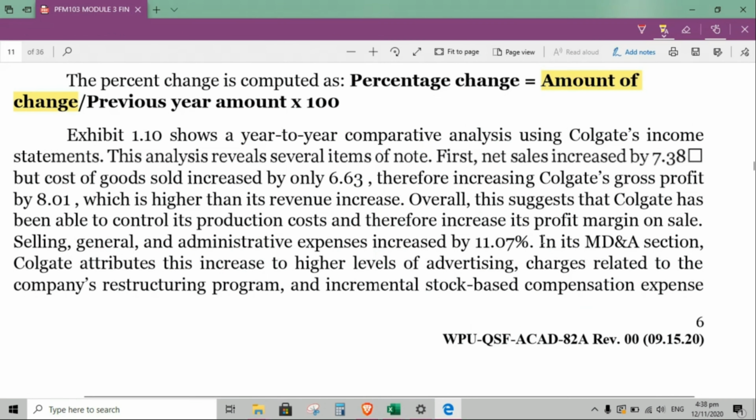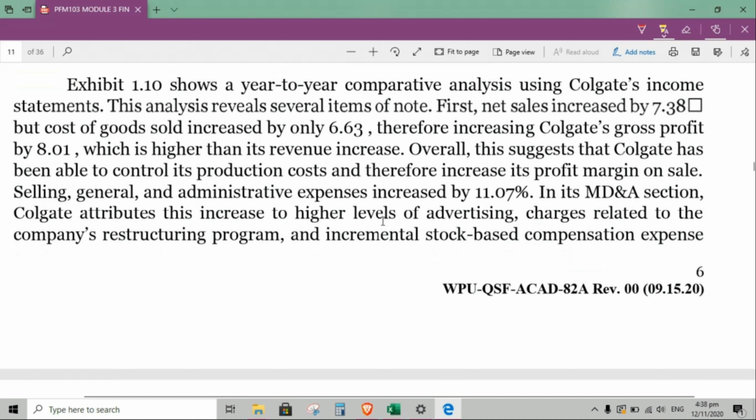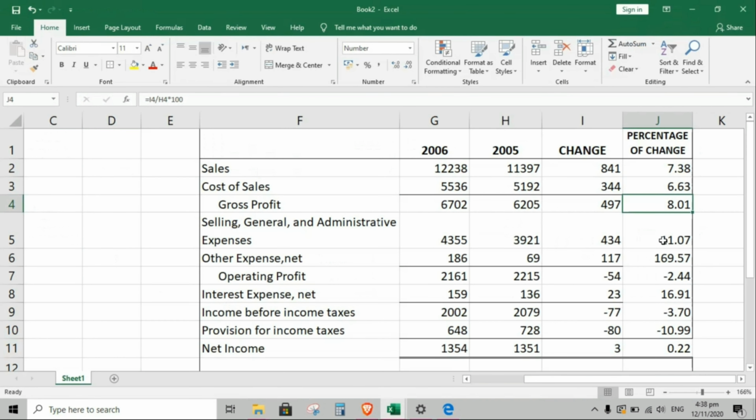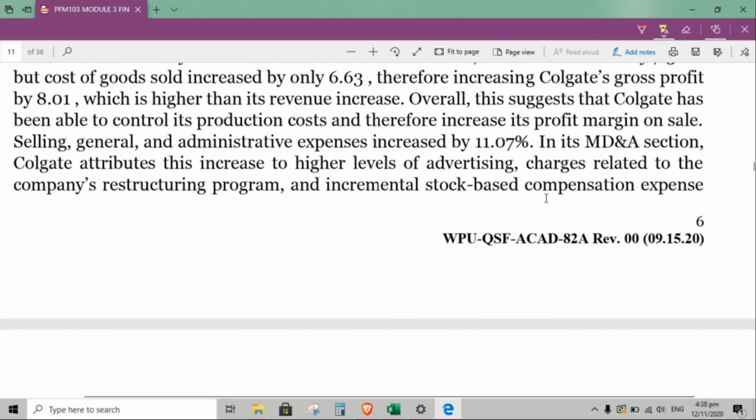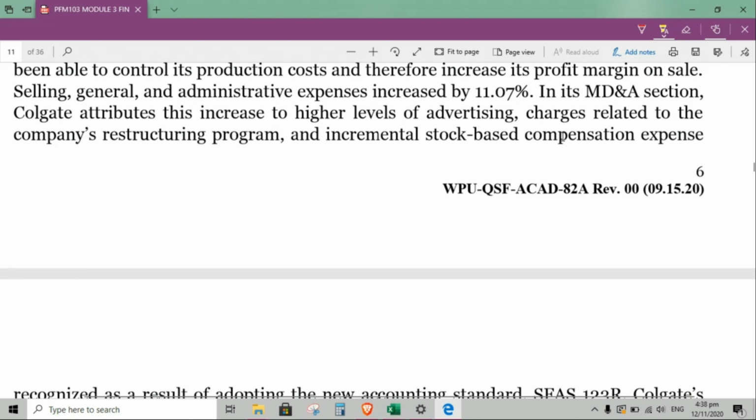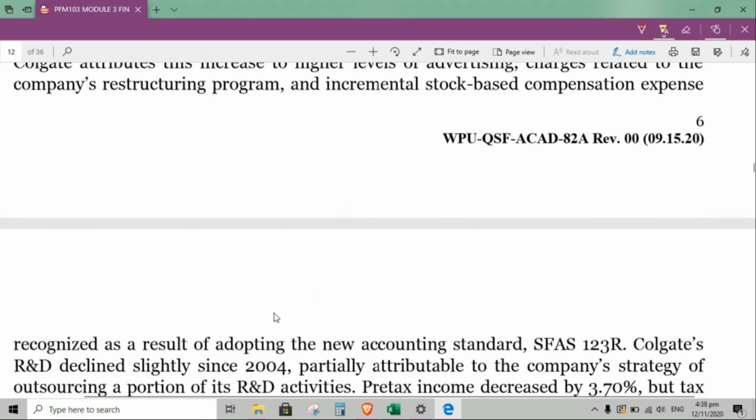Okay? And then next is yung kanyang selling, general, and administrative expenses ay tumaas ng 11.07%. Sa kanyang MD&A section, Colgate attributes this increase to higher levels of advertising charges related to the company's restructuring program and incremental stock-based compensation expense recognized as a result of adopting the new accounting standard SFAS 123R.